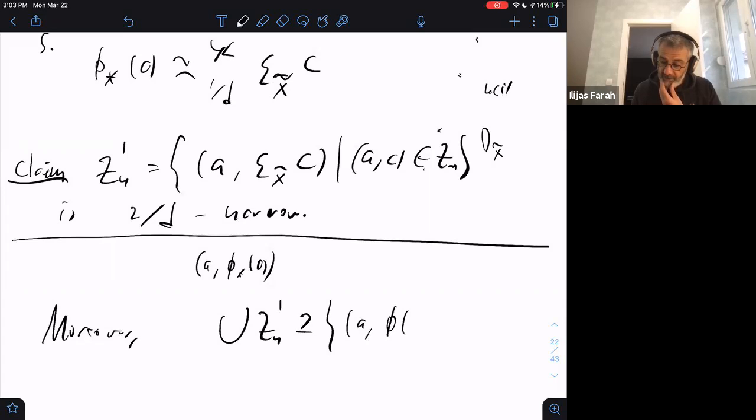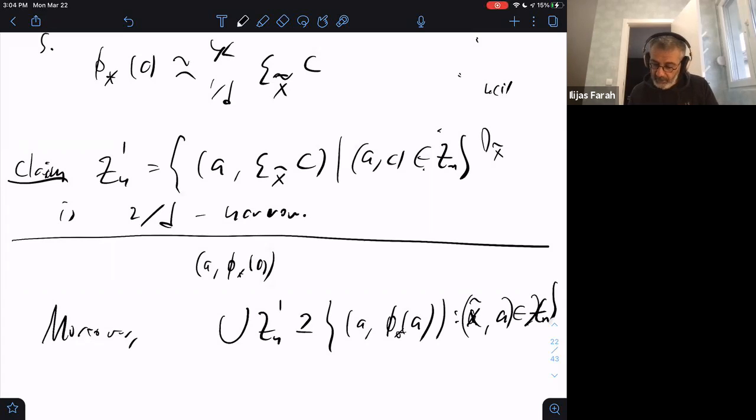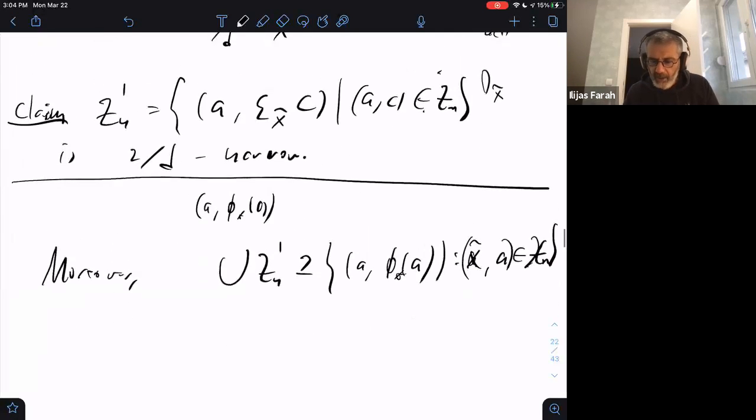Because we proved that for every A, phi star of A belongs to this set, if x tilde A belongs to our set Xn. Not Xn, but actually if A just belongs to the X tilde.